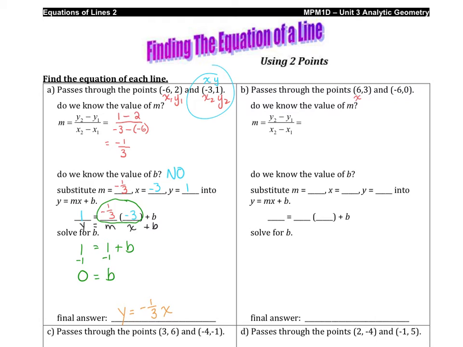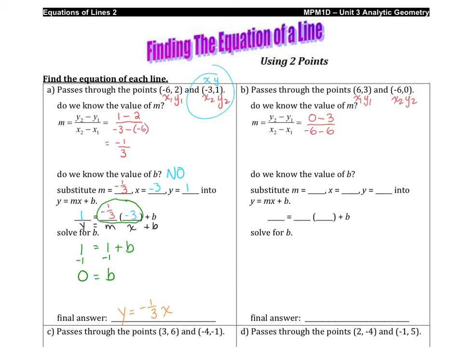So this is x1, y1. This is x2, y2. So when you substitute, y2 is 0, minus y1 is 3, over x2 is negative 6, minus x1, which is 6. Now, a lot of people are going to think that negative 6 minus 6 is 0. So be careful with your negatives. Use your calculator.